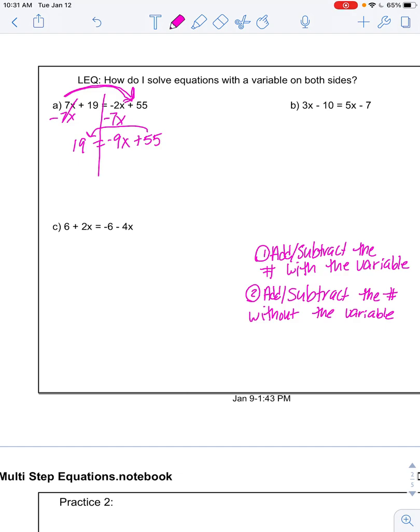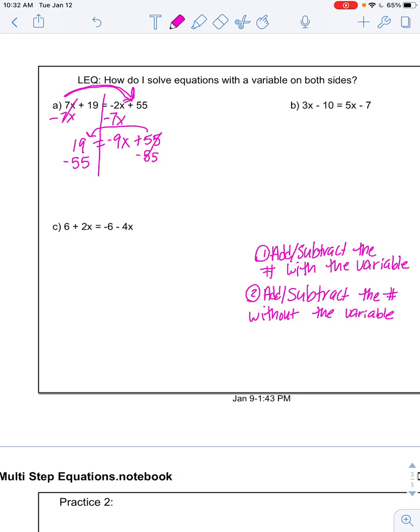You're going to bounce back and forth each time you move something. So I'm going to look over here at the right-hand side. The number without the variable is 55. It's being added, so I'm going to subtract it from both sides. Again, you're not subtracting 55 from negative 9x because there's not an x. You need to subtract it from the other number without the variable, and in this case, it is 19.